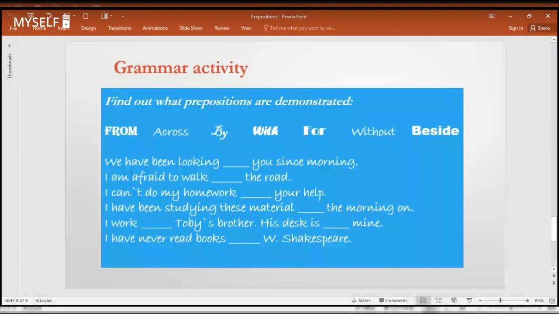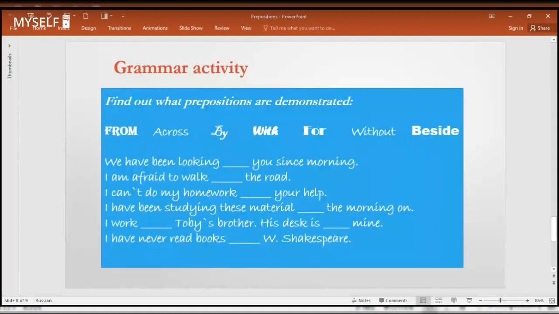You are going to find out which preposition matches in the following sentences. You have 10 seconds. Thank you. So I'm going to tell you which prepositions are there.